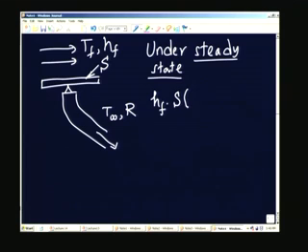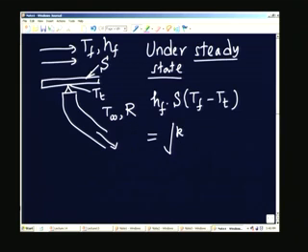This is by definition of the heat transfer coefficient, H into area into temperature difference Tf minus T subscript T, which is the temperature indicated here, that is Tt. This must be equal to the expression we wrote down just a little while ago. It will be given by Ka product divided by R multiplied by Tt minus T infinity.